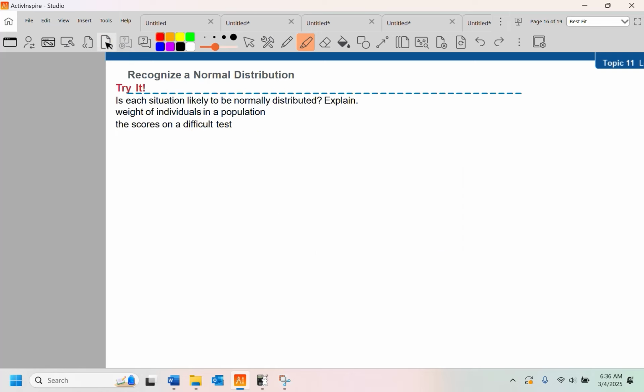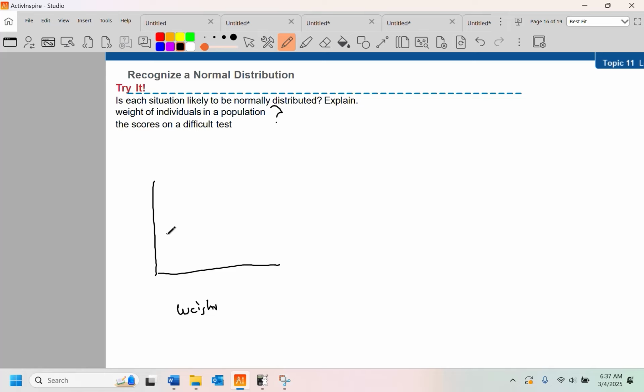All right. In each situation, is it likely to be normally distributed? Explain. The weight of individuals in a population. So there's the first one. We have the low end of the scale here.